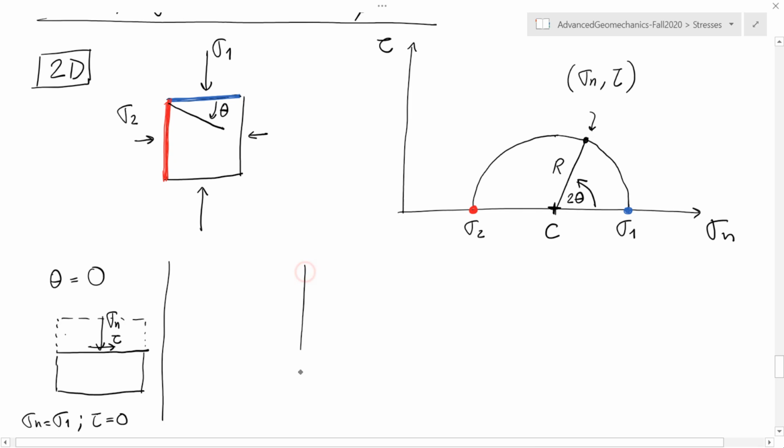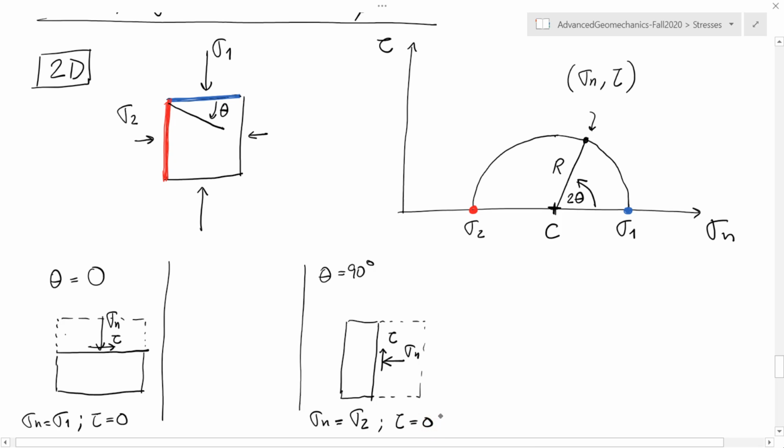If I go all the way to a theta equal to 90 degrees, then that means that I'm slicing my solid with a vertical plane. So in such a case, this is going to be a case like this, where now in order to be in equilibrium with the stress sigma 2, the normal stress and the shear stress that I have to apply is going to be sigma n equal to sigma 2, and since there is no shear stress on that plane, tau is also going to be 0.